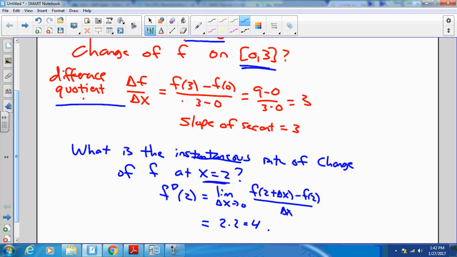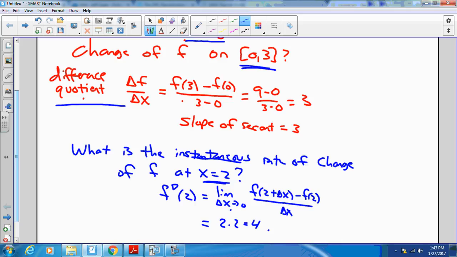And then next is the computation. The difference quotient, delta f over delta x, computes an average rate of change, and the limit of that difference quotient computes an instantaneous rate of change. Specifically, the limit as the denominator goes to 0. Does this make sense to everybody?